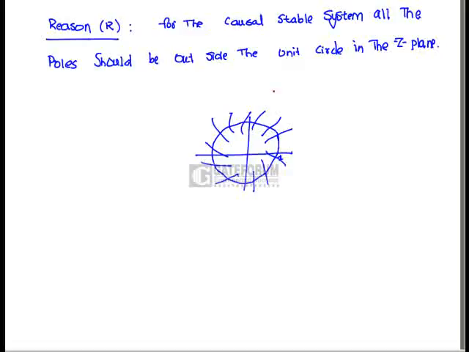That means all the poles should lie inside the unit circle. But in the reason they mention the poles are located outside the unit circle. That means the reason is false. Here the assertion is true and the reason is false. Hence the option is C.